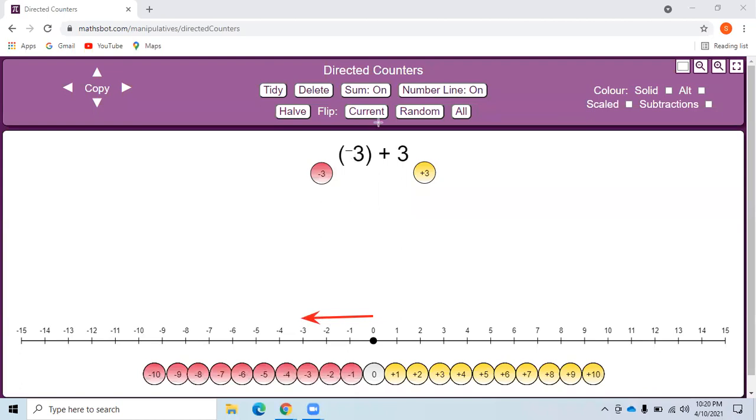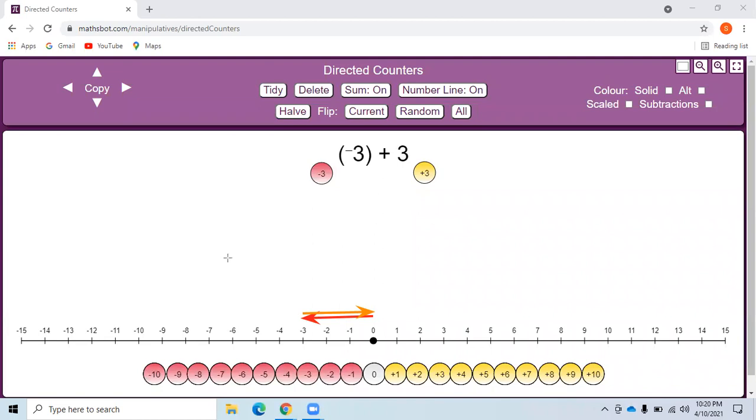And then I'm going to move 3 to the right. And what I can see is I'm back to 0. My arrows are the same length and they cancel each other out. This really is a 0 pair. -3 and 3 are opposites.